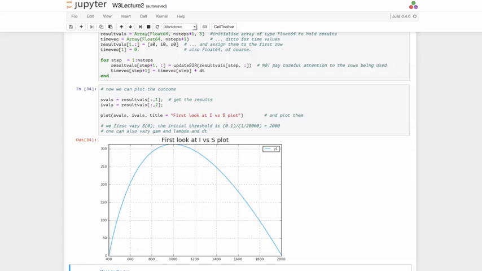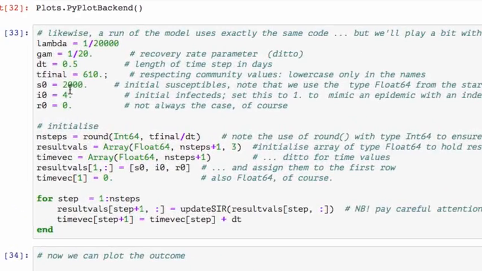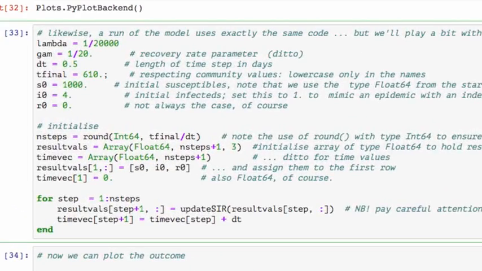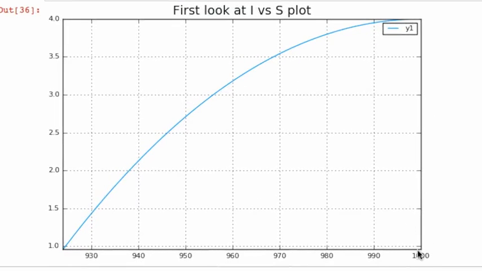So we can change our initial population. Here it was 2,000. If we make it 1,000, let's see what happens. We start with 1,000 susceptible people and 4 infected, and it just goes down. This is not an epidemic.